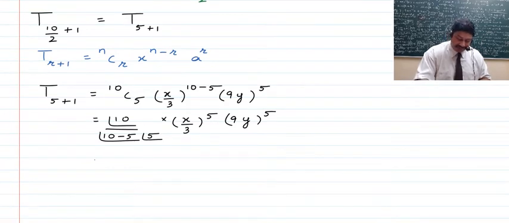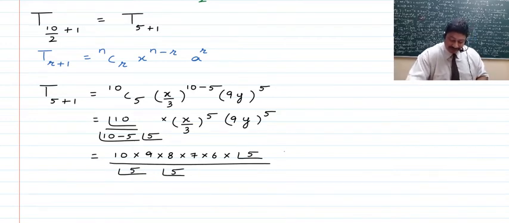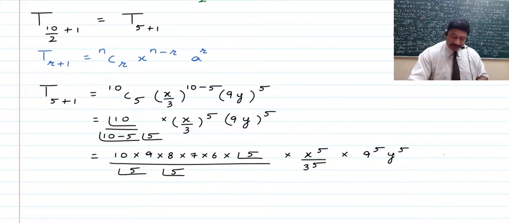So for the children, this can then be written as factorial 10, that can be written as 10 into 9 into 8 into 7 into 6 into factorial 5, which is going to be divided by factorial 5 and further multiplied with factorial 5, where factorial 5 is going to get cancelled, and further then we have x raised to the power 5 divided by 3 raised to the power 5, and further then we have 9 raised to the power 5 times y raised to the power 5, right?